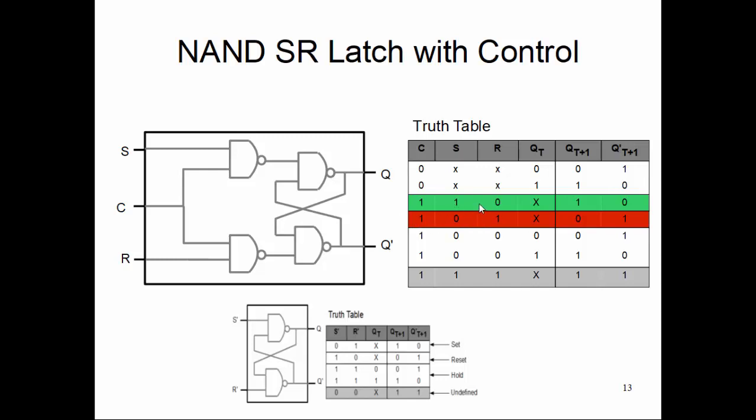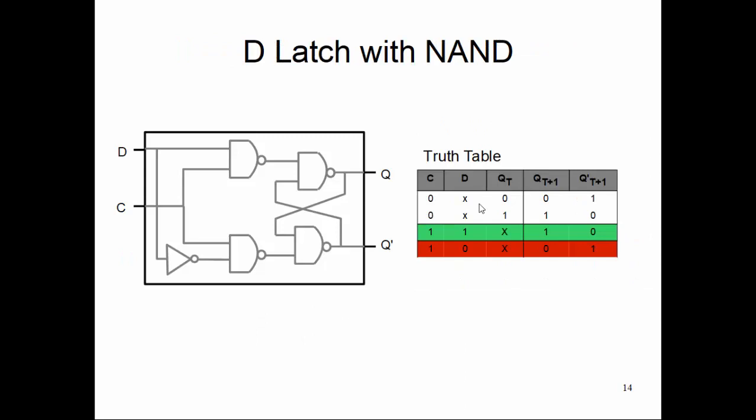Instead of having S and R two terminals, we combine them into one terminal called D and make the internal NAND gates of that previous SR latch with control have an inversion relation with D. Okay, so for one of the NAND inputs D goes straight, and for the other input it goes inverted.